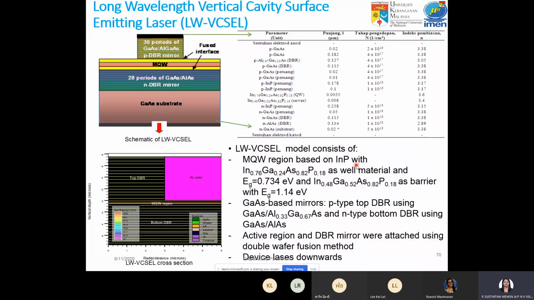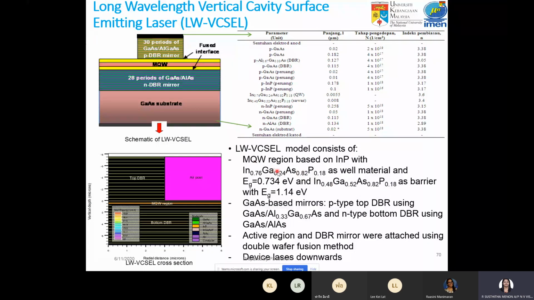This is an extension of the long wavelength vertical cavity surface emitting laser. It shows the p-type, n-type, and also the multi-quantum well. The multi-quantum well comprises indium gallium arsenide phosphide, with a band gap energy of 0.734, and it uses a barrier of the same material but different molarity, so the band gap is also different.